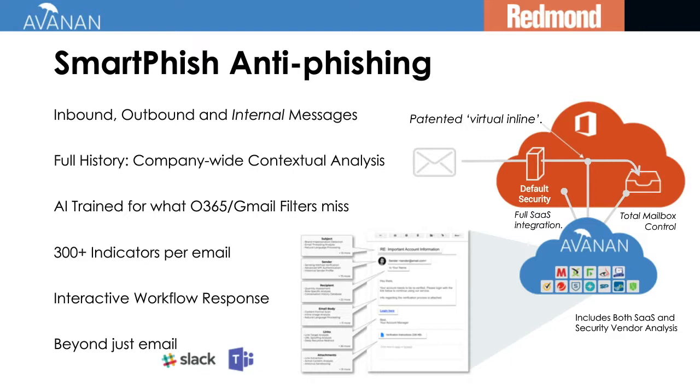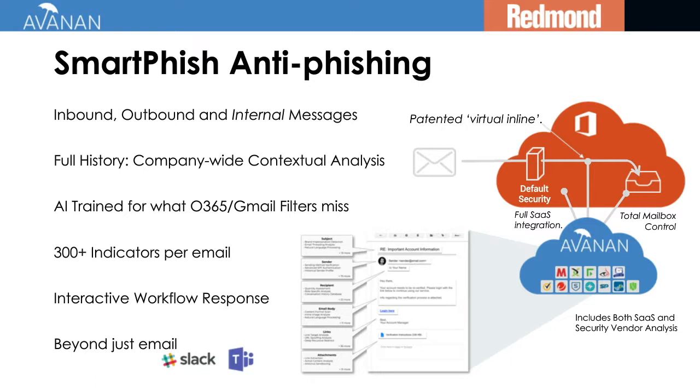And the key to it is that it was specifically designed to identify phishing threats, not just anywhere. You couldn't apply this in your data center. It's for those threats that get through Microsoft, that get through Gmail, that get through cloud-based mail programs, because they already have their default security. And when we deploy, we actually monitor mail between the default security and the user's inbox.